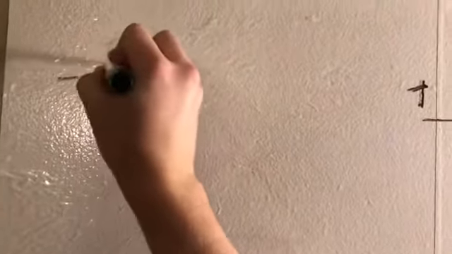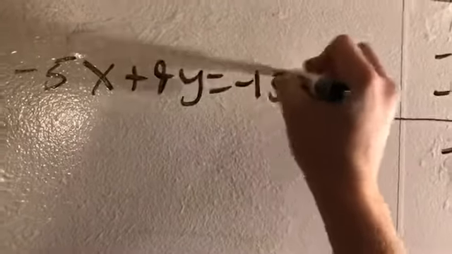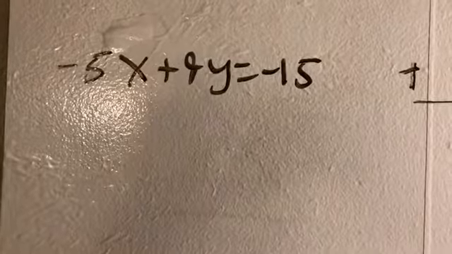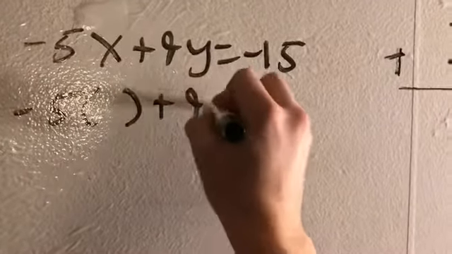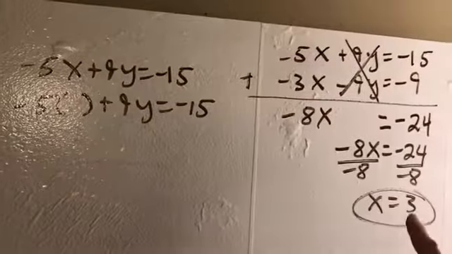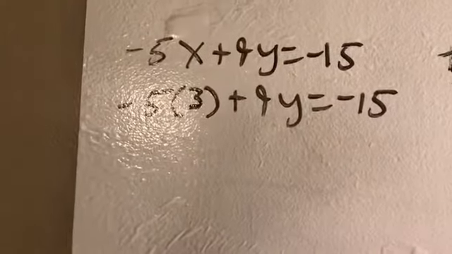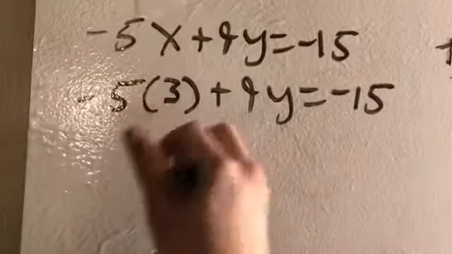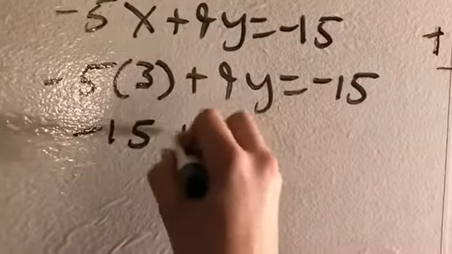So I'm going to take that original equation, negative 5x plus 9y equals negative 15. And instead of x, I'm going to make it a parentheses. So now I can take my answer and bring it over there. Negative 5 times 3 is negative 15. When one number is negative in multiplication, your answer is negative.